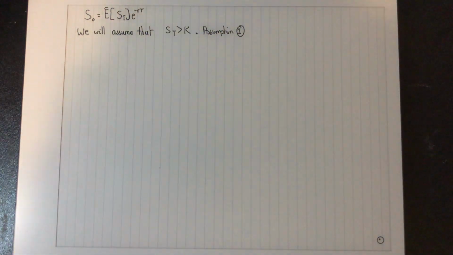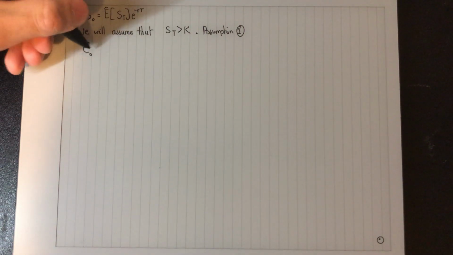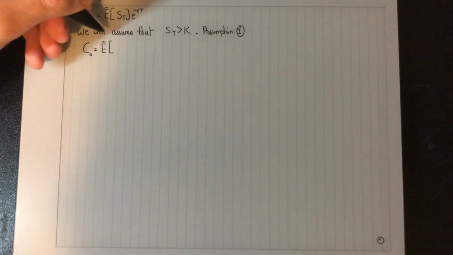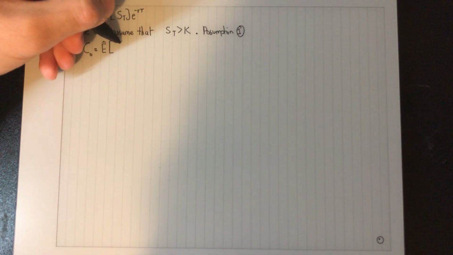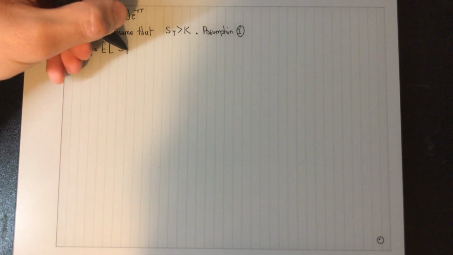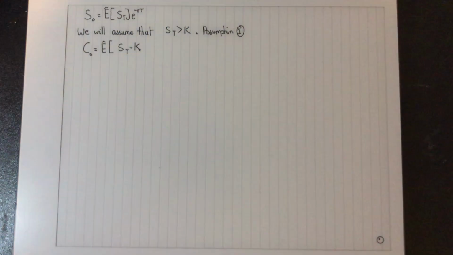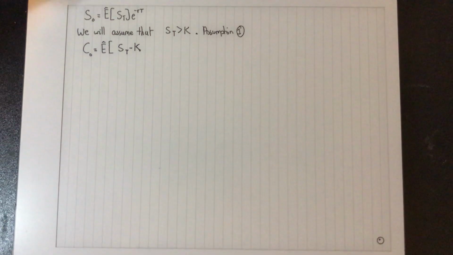So that'll be assumption 1. And what we'll try to do next is to expand our formula over here to be equal to the payoff of the call option, but written down in so-called literal format. Okay.